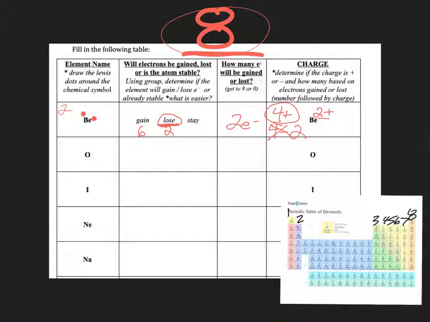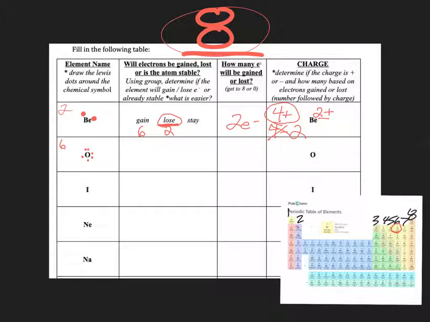Over here with oxygen, looking at that one, oxygen is group number 6. That means I have 6 valence electrons, starting at the top, 1, 2, 3, 4, gone all the way around. Now I can start to double up, 5, 6.